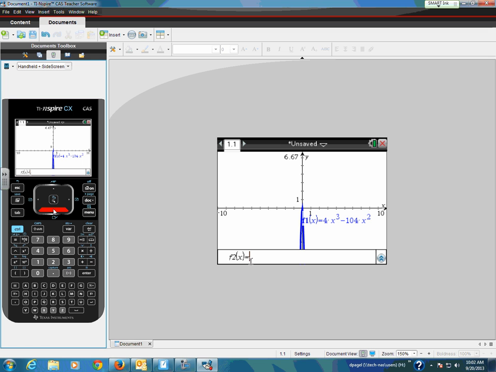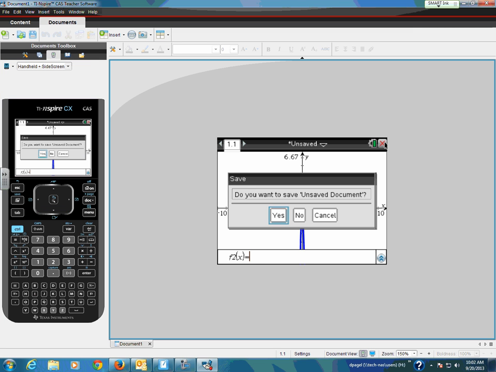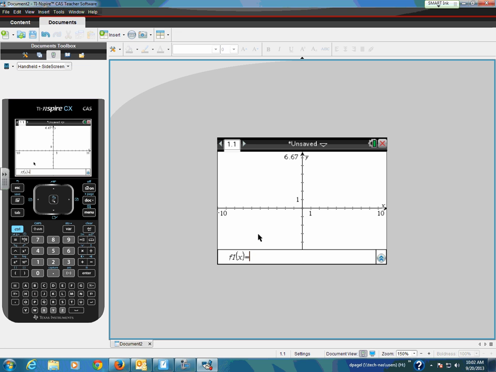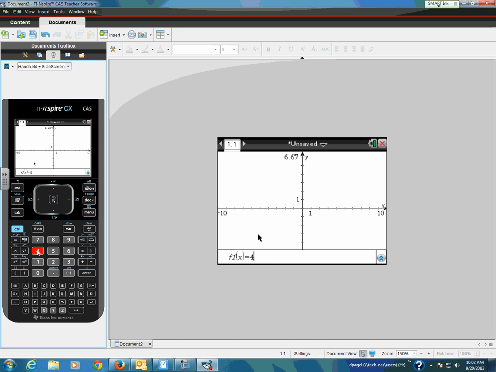Oh, that's not what we want. Sorry about that. Let's try it again. 4x cubed minus 104x squared plus 660x.